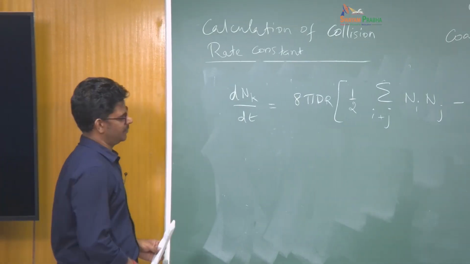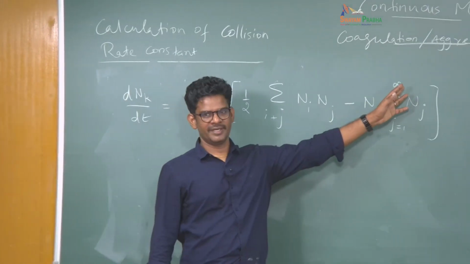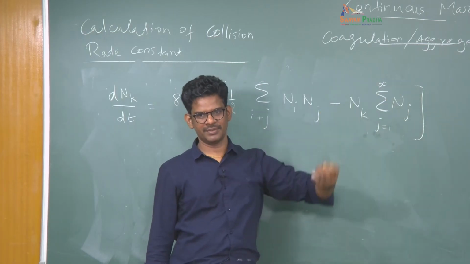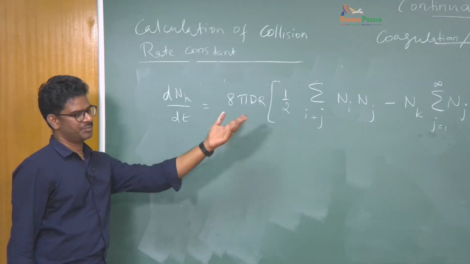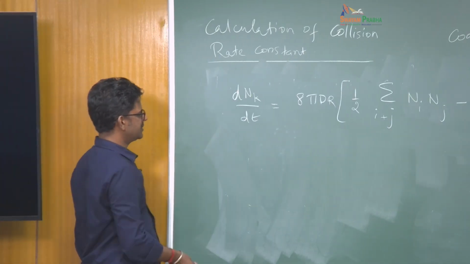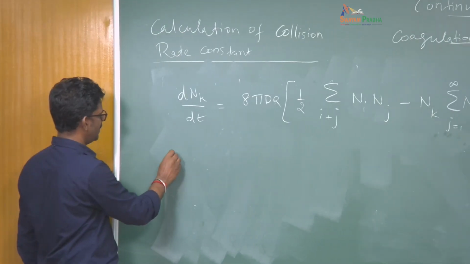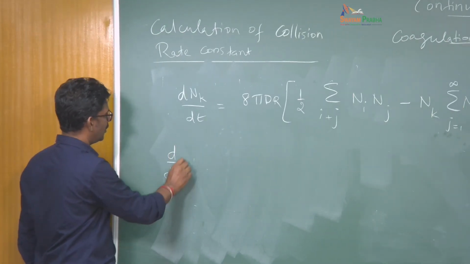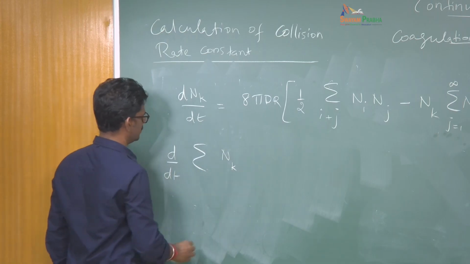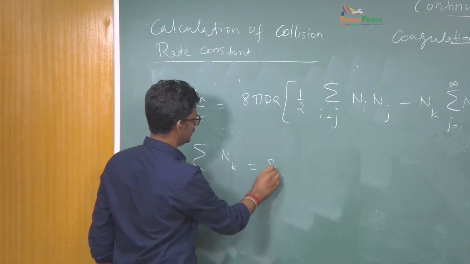If you want to numerically solve, you will put an upper limit and truncate it, because you never have a cluster size beyond a certain maximum number. But for theoretical treatment, we can always put this as infinity. So now the next step from here is you sum over all possible k, and do this here also.